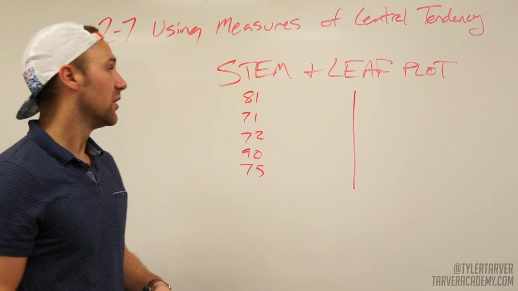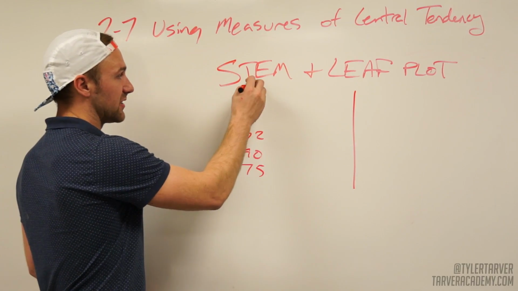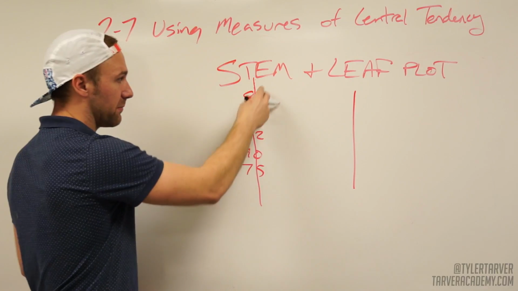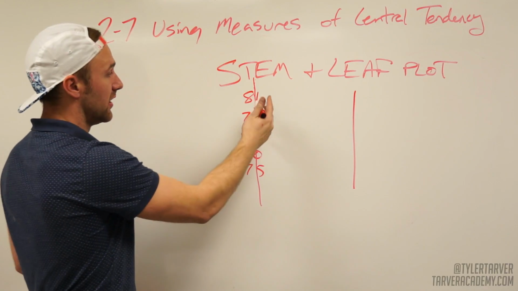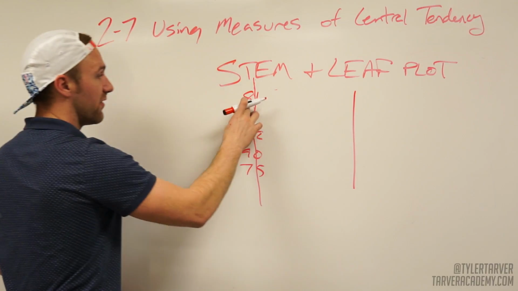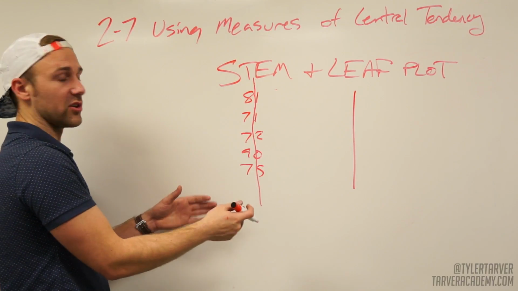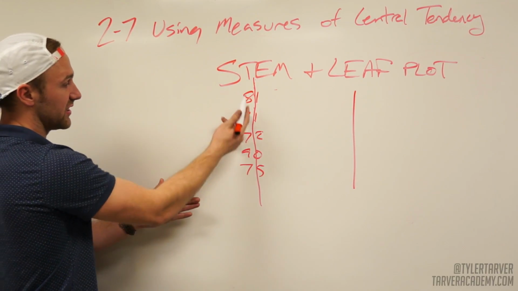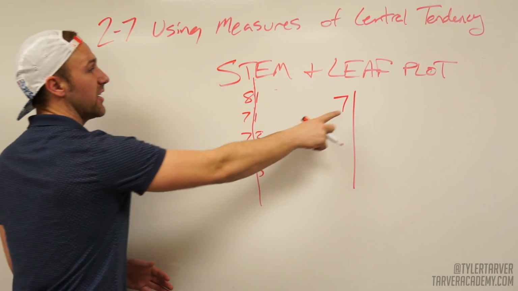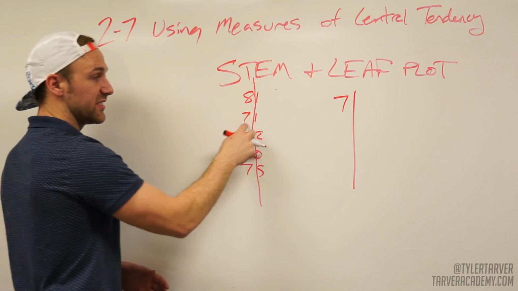What I want to do is essentially split it right before the last number. So the last digits go on the right side of my line. And over here on the left, I'm essentially summarizing what they are. I'm going to start with the lowest number, which is 7, and put a 7 here. Now I want to attach every number over here that's attached to that 7.